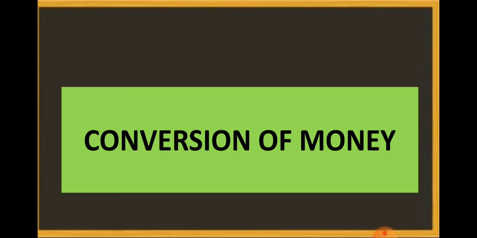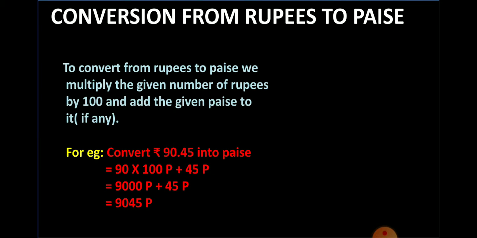Conversion of money. Conversion from rupees to paise. Students, to convert from rupees to paise, we multiply the given number of rupees by 100 and add the given paise to it if any.